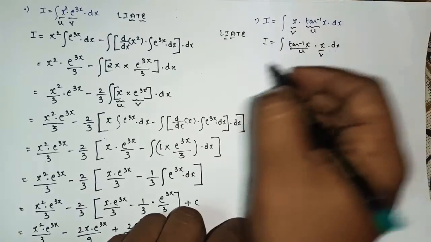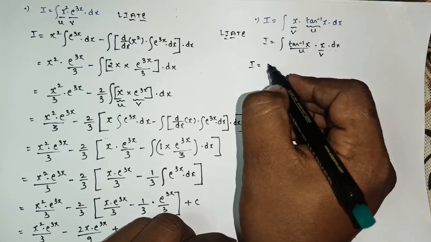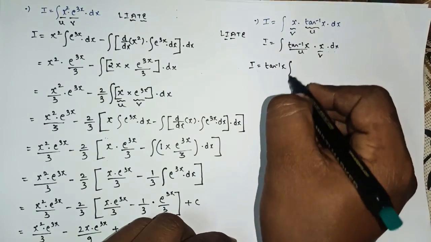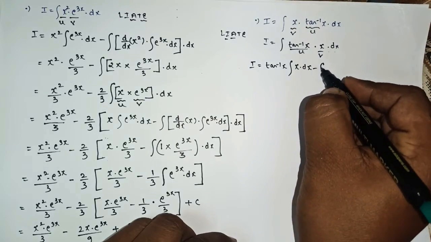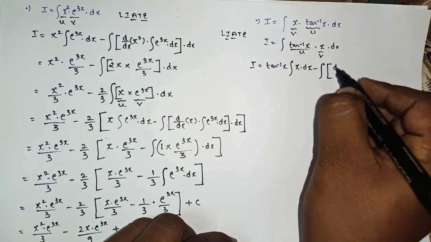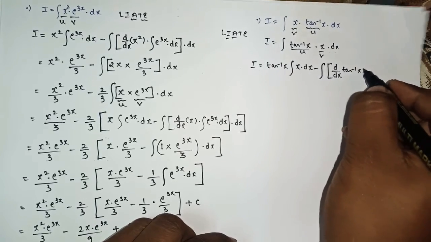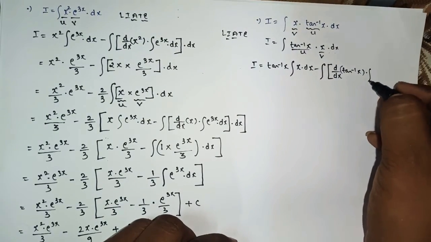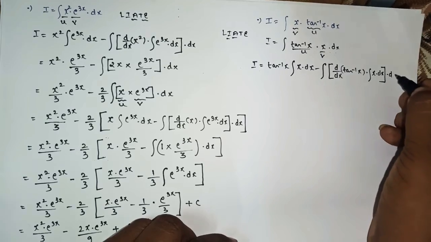So let's begin. So I equals u, yes or no, u into integration of x into dx, minus integration of derivative of tan inverse, yes or no, into integration of x into dx, and dx.